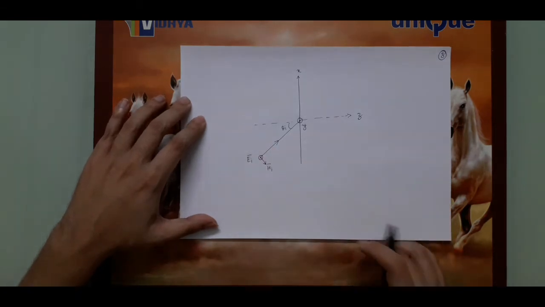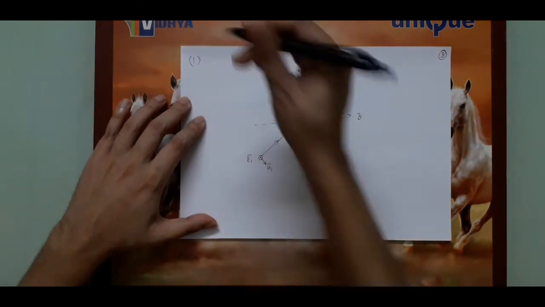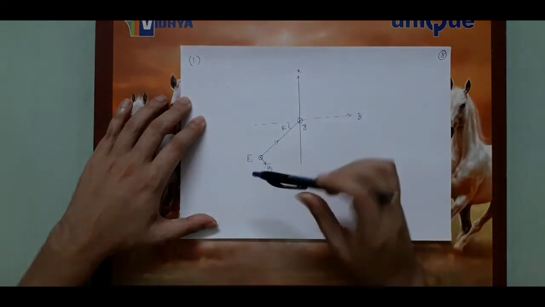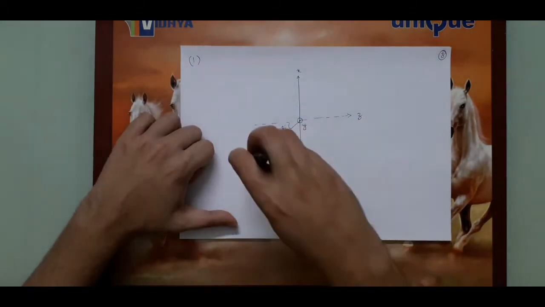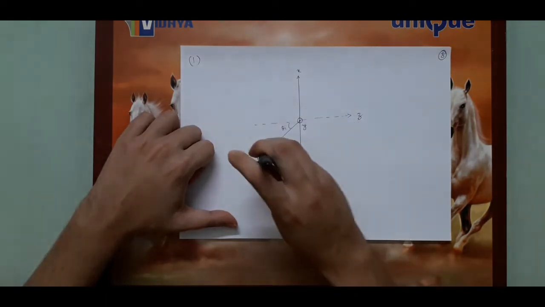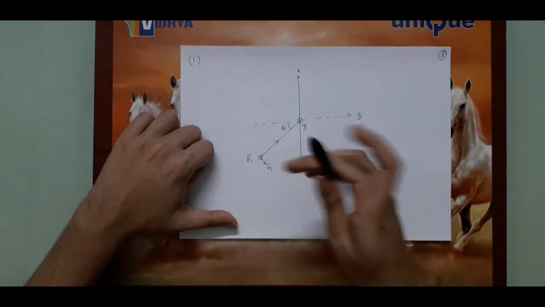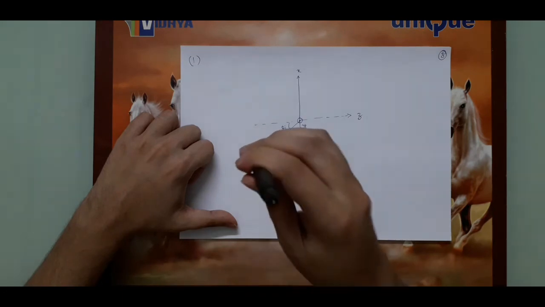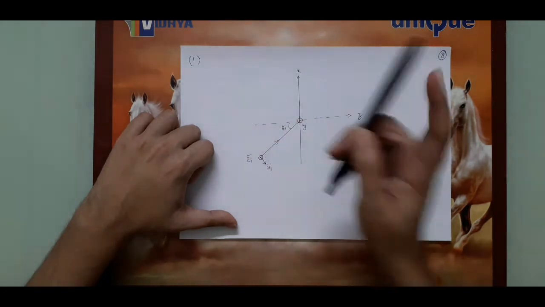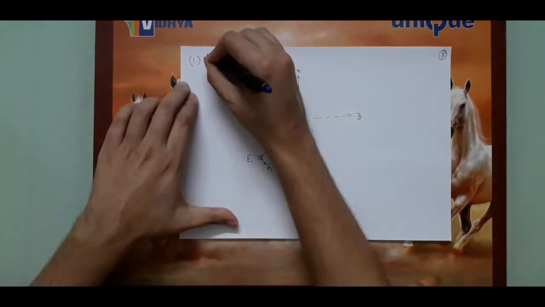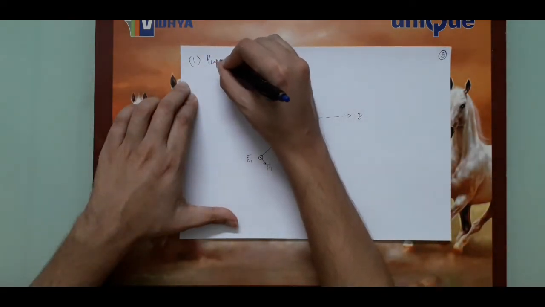Now this case has a very special name. Let us assume the electric field vector is linearly polarized, and it is polarized in such a way that it exists only vertically over the plane of the paper. This is called perpendicular polarization.